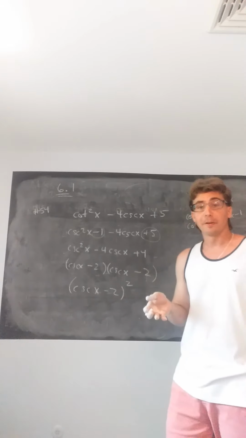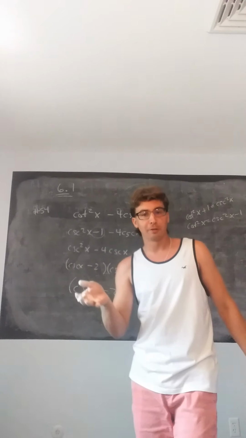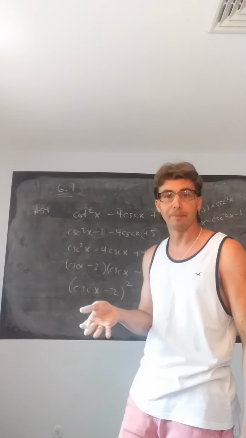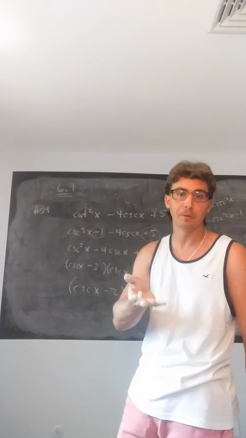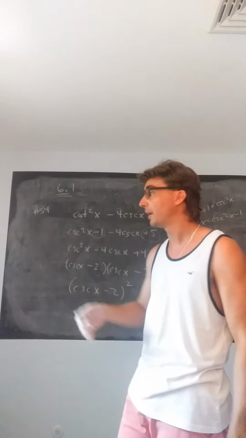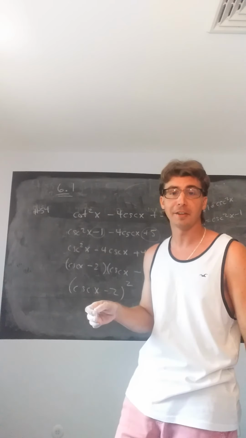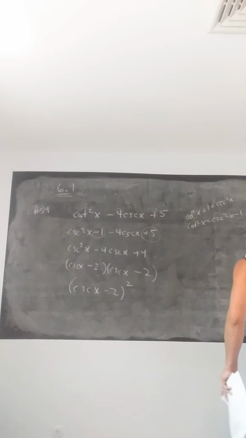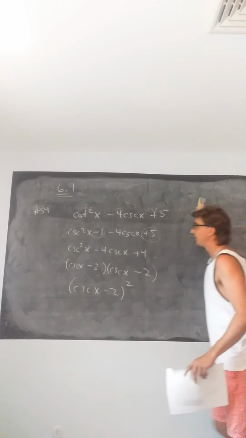In algebra, you remember we had difference of two squares, perfect square trinomial, difference of two cubes, sum of two cubes. That stuff spills over in the trig, as you're going to see in my last example here, that you have to be on the lookout for. First I'll do an algebra problem just so you can see it.